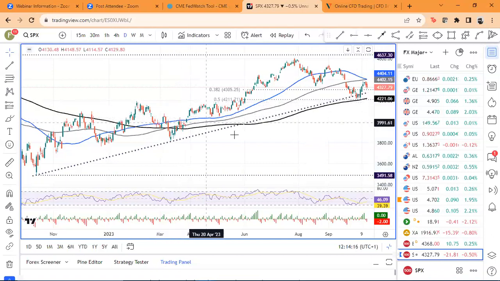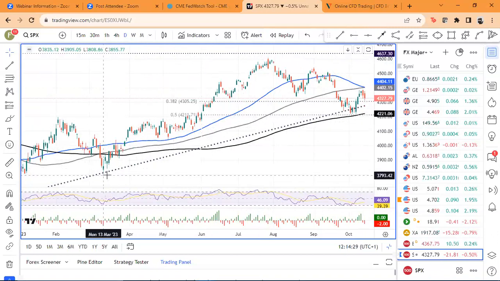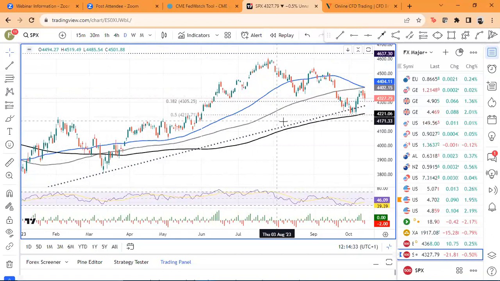Otherwise, if we take that one out, this is a shorter-term fib level at a half, the halfway point of this move from the March lows. So the halfway point of that rally is around 4,200.